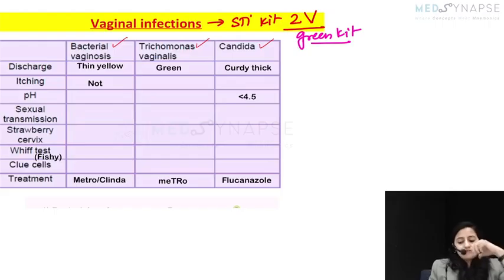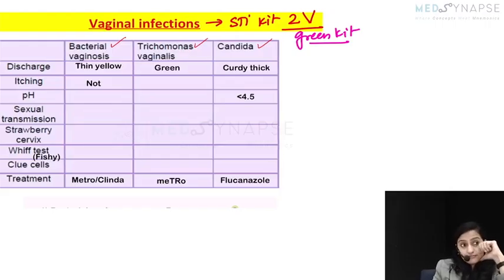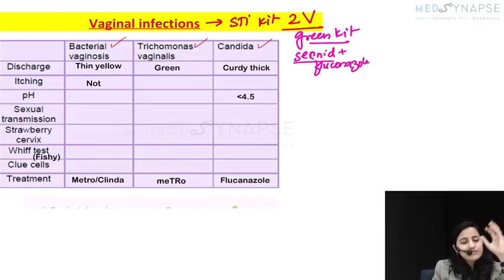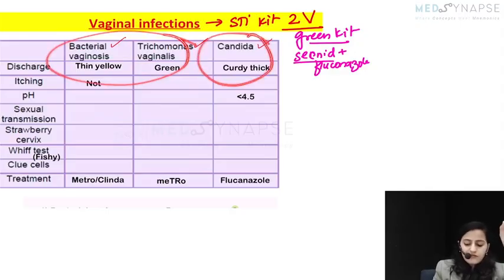What does it contain? The second kit contains secnidazole plus fluconazole. Candida's fluconazole and secnidazole. So metronidazole, secnidazole, because this is the drug given for both bacterial and trichomonas. It's active against both. And to cover candida, fluconazole.